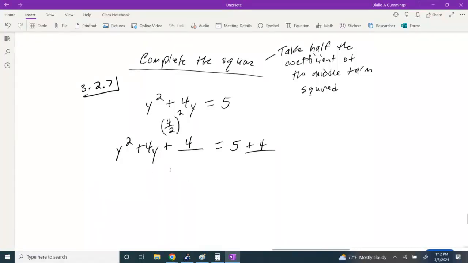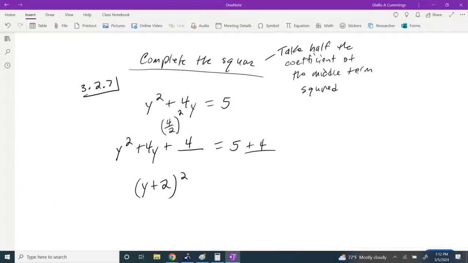Whenever you complete the square, you have what are called perfect square trinomials. So that means that y squared plus 4y plus 4 can actually be written as a perfect square trinomial, right? So I can take y squared plus 4y plus 4, and I can actually write that as y plus 2 quantity square.